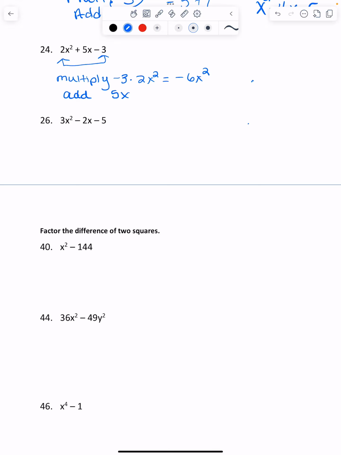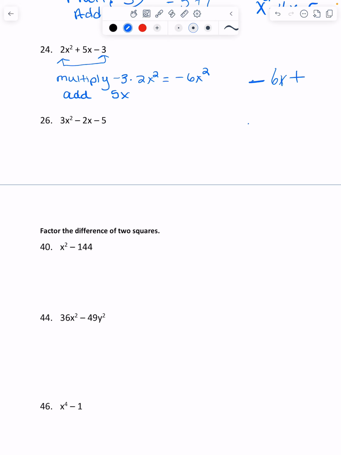If the third sign is negative, then you know that one of your signs is negative and one of your signs is positive. So I'm looking for two numbers, one being negative and one being positive, that multiply together to give me negative 6x squared and add together to give you positive 5x. So what would you think?